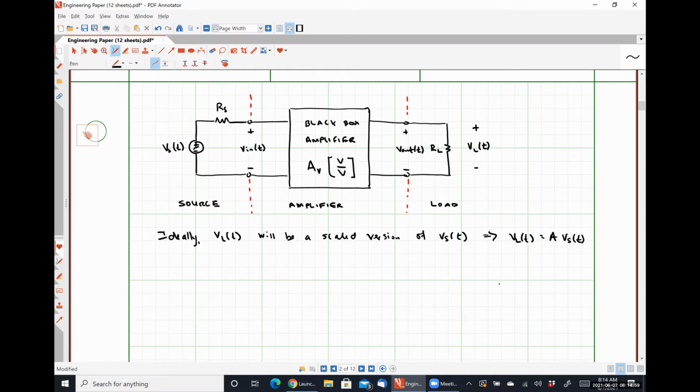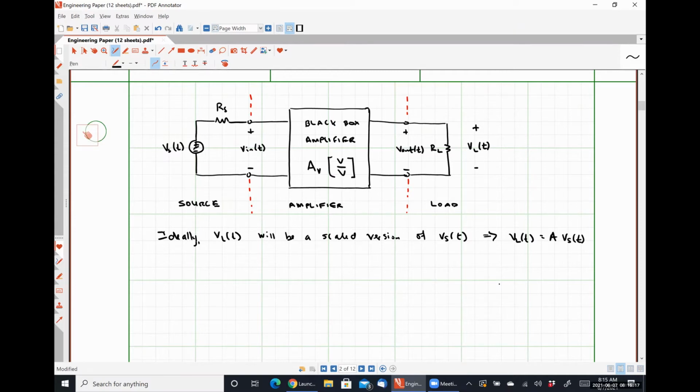So let me think of a way to explain that. That's a fairly reasonable question. The comment was there's no voltage source inside of the black box amplifier.